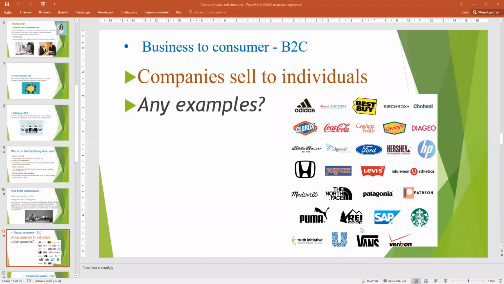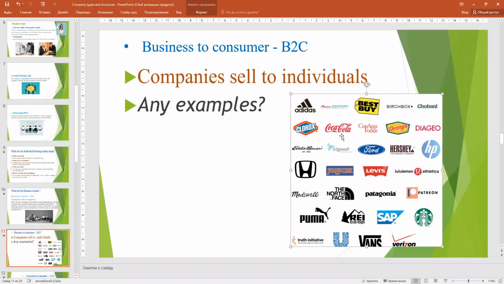This kind of business can sell their products to individual customers. They don't sell their products only to the companies, and also to large macro markets as well.